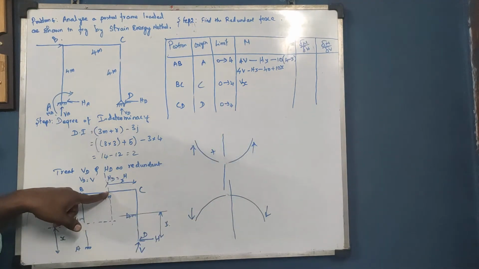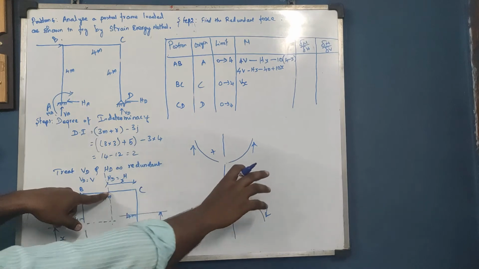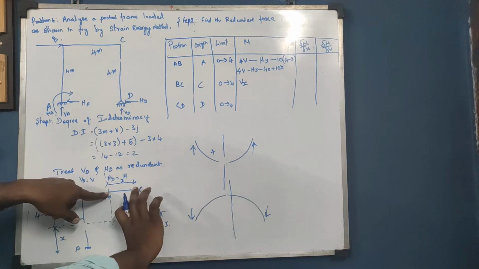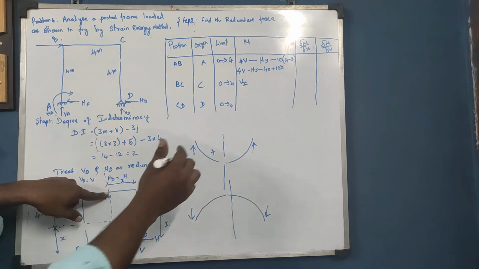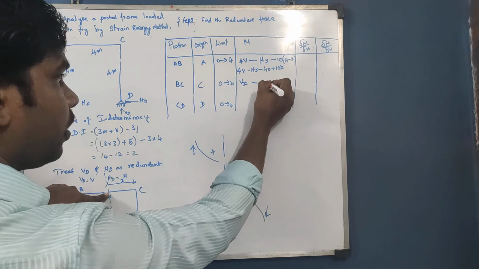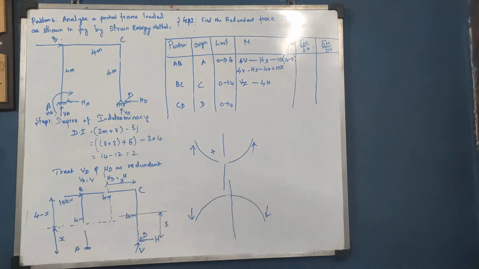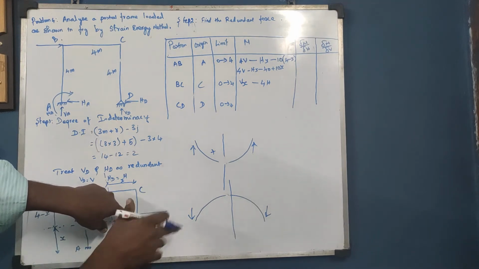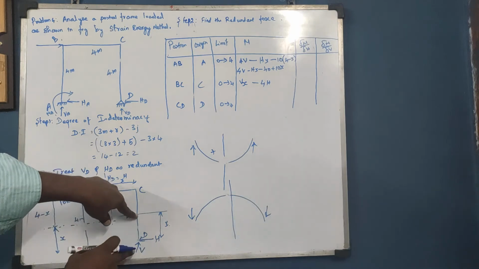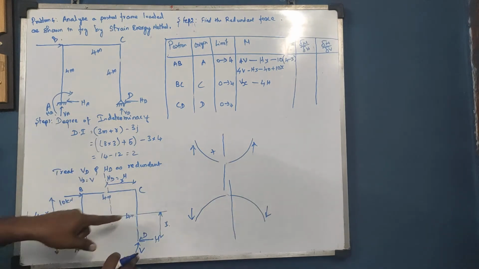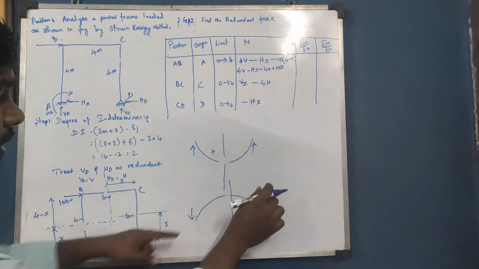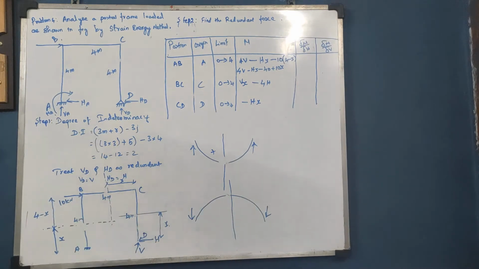H is right side clockwise, H into 4, so minus 4H. And if you take moment at this point, right side clockwise, H into this distance X, so minus HX, and minus 40.